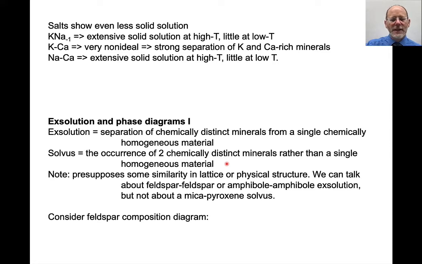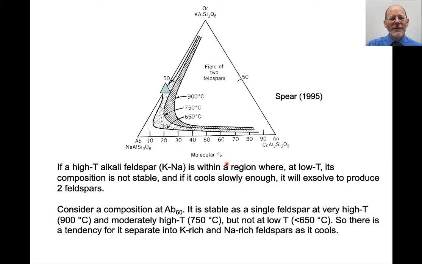Okay, so let's look at the feldspar composition diagram. Here's our composition diagram. This is shifted around. So now potassium feldspar is at the top, calcium feldspar on the right, sodium feldspar on the left. Now, if we had an alkali feldspar with a composition that was, well, let's say about 60% albite, it would be completely stable at a temperature above about 700 degrees.